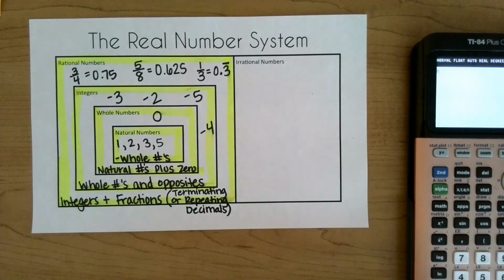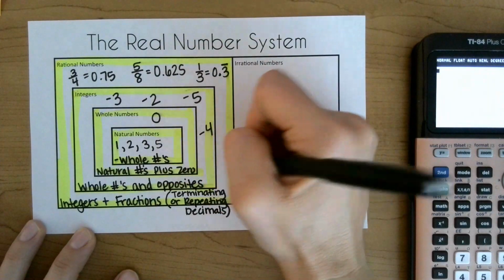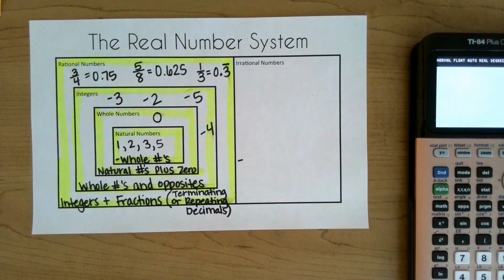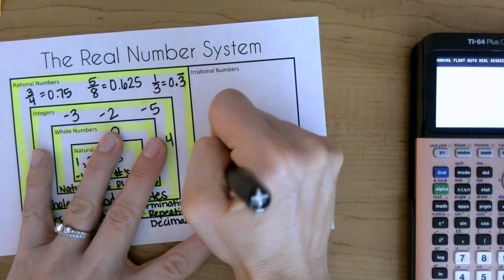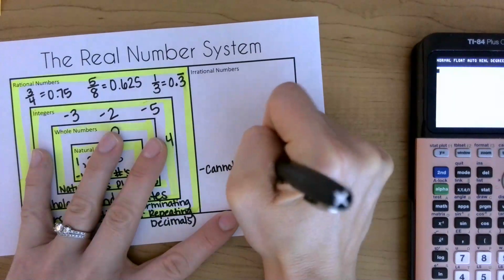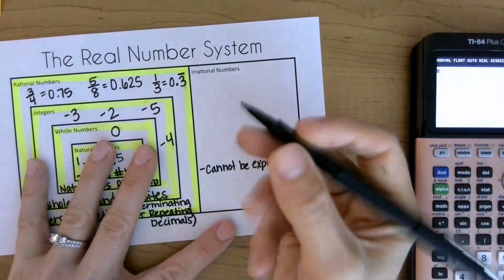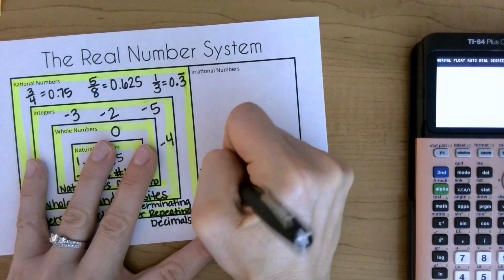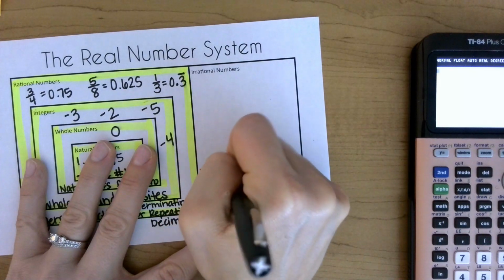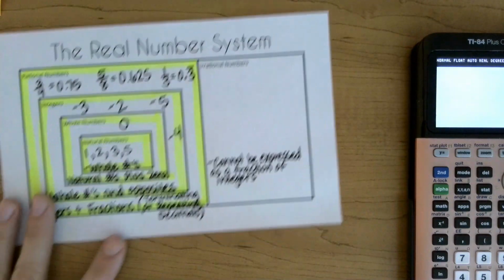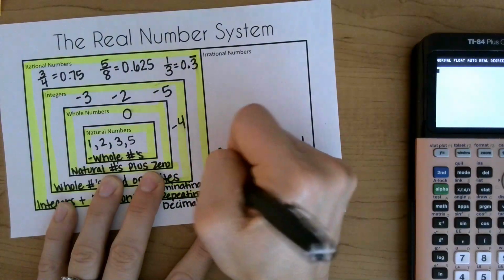And to be more specific with that, they cannot be expressed as a fraction of integers. So whole numbers and their opposites, and they're non-repeating, non-terminating.